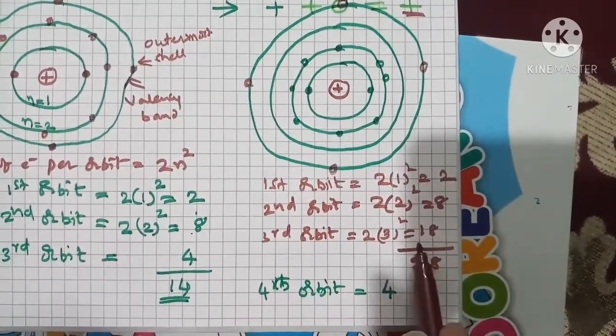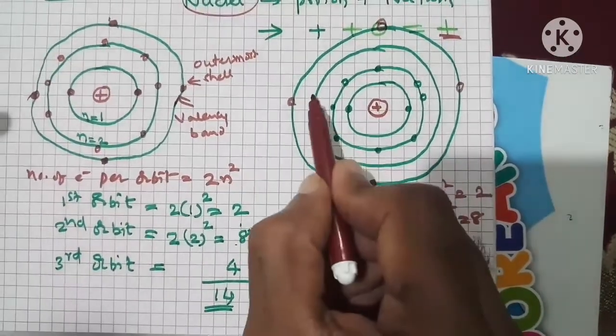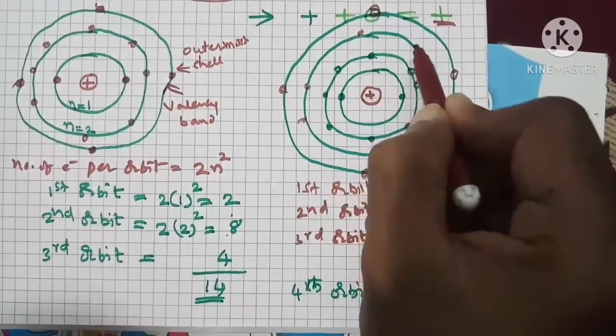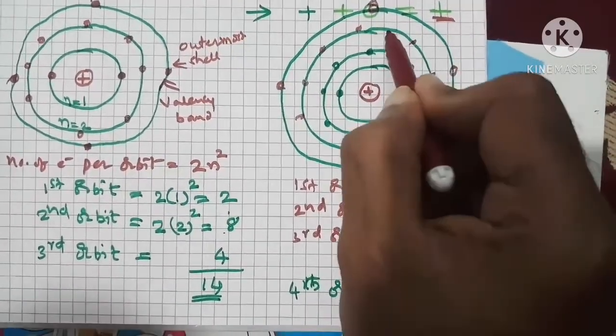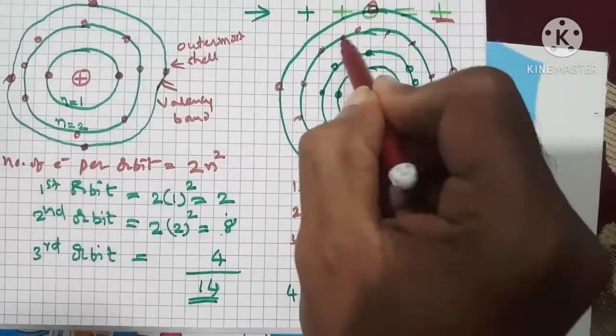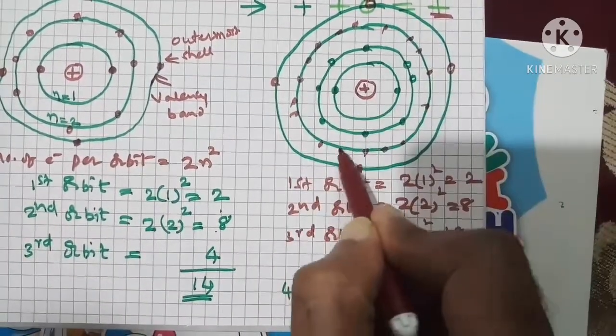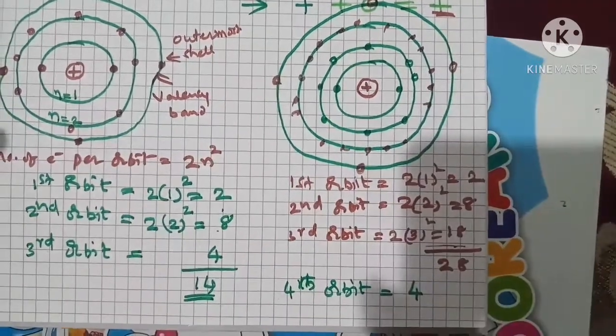And the third orbit you are having 18 electrons, so you are going to fill with 18. 1, 2, 3, 4, 5, 6, 7, 8, 9, 10, 11, 12, 13, 14, 15, 16, 17 and 18.